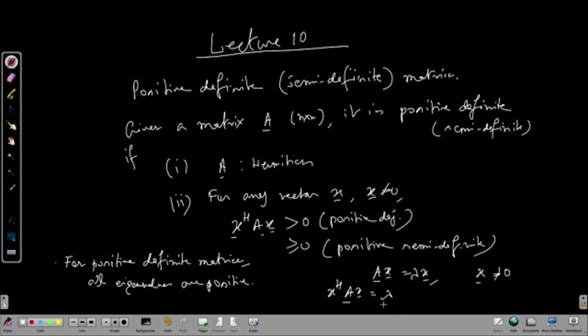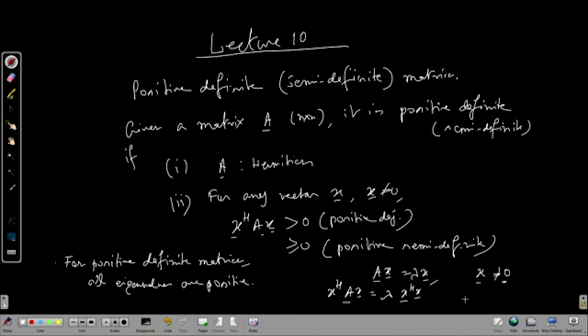So, take it in the front and it is real, x h x. All right. Now, we have seen if it is positive definite for any non-zero x, x h A x is greater than 0, and here x is an eigenvector which by definition of eigenvector is non-zero vector. Okay. So, for a non-zero vector x, x h A x which is real is positive.